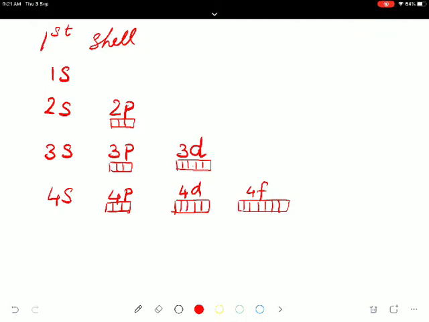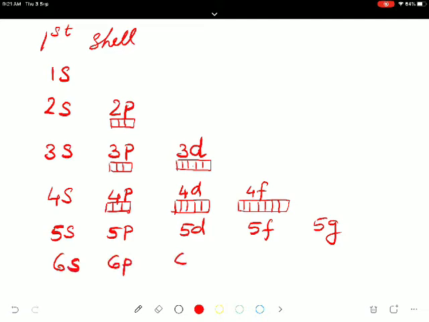Now, orbitals are arranged in their increasing order of energy. One more I will write: 5s, 5p, 5d with 5 orbitals, 5f with 7 orbitals, 5g. Then 6s, 6p with 3 orbitals, 6d with 5 orbitals, 6f with 7 orbitals. See, 1, 3, 5, 7.